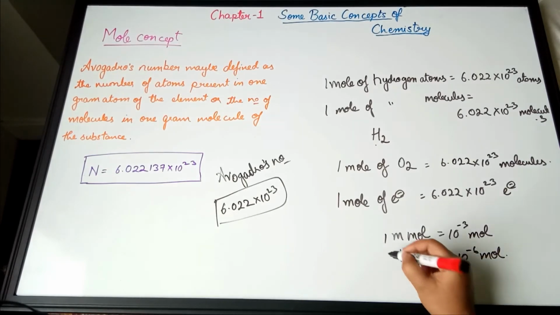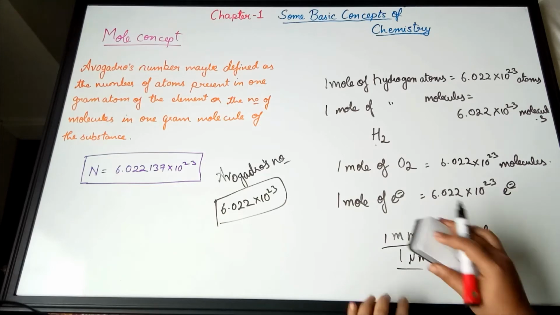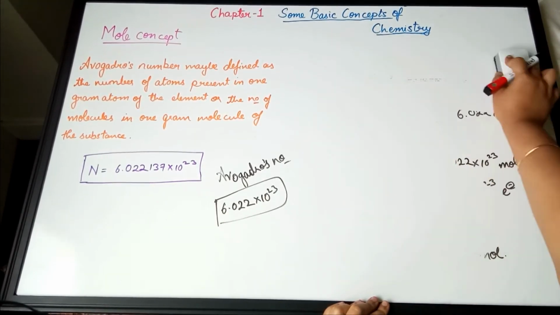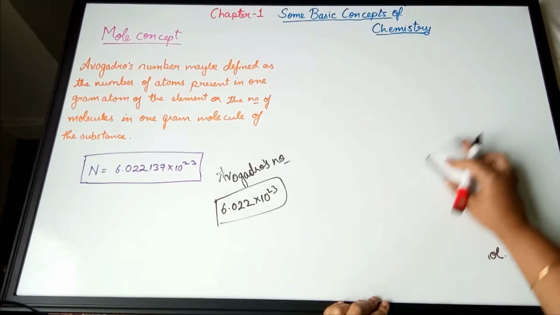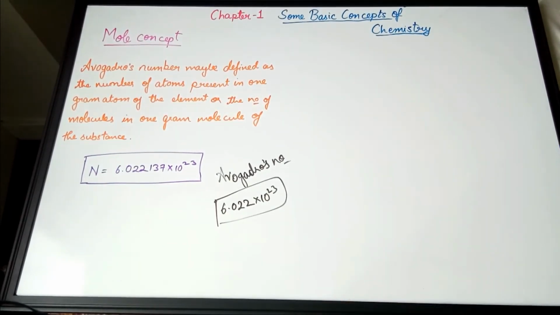Okay, and according to the Avogadro's hypothesis, as we told before, if you have two gases with equal volumes at equal temperature and pressure, then the number of molecules in these two cases will be the same.